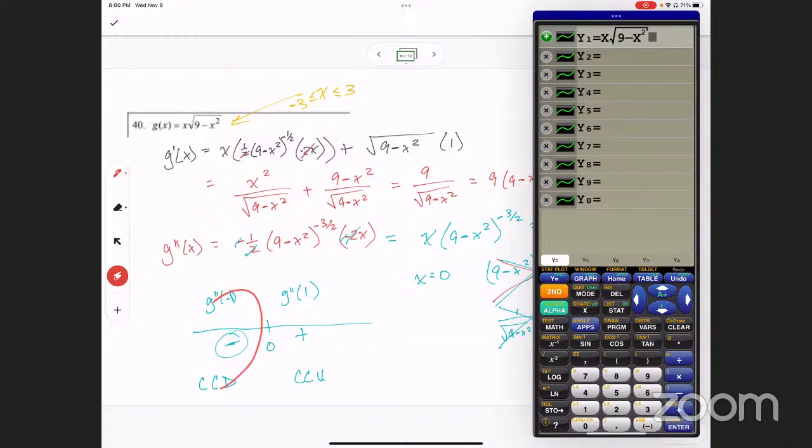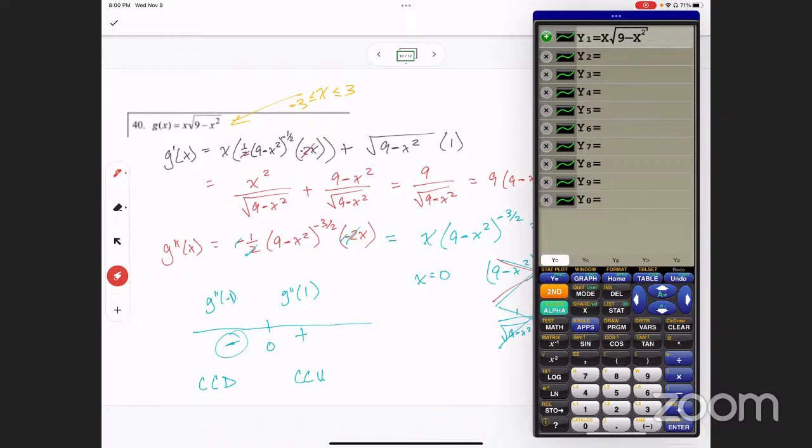It's going to be negative. Oh, it's not going to be negative, the shape of it is going to be what? What's CCD mean? Concave down. Good. And what's going to happen to the right of 0? Concave up. That's right. And what's happening at 0? It's the inflection point. Some sort of inflection.